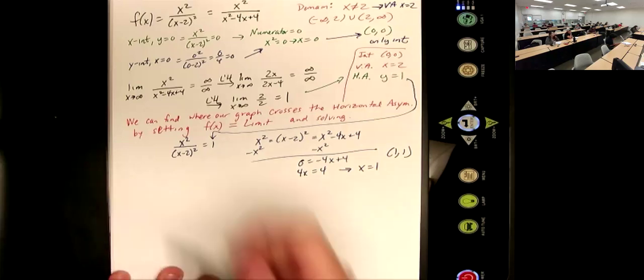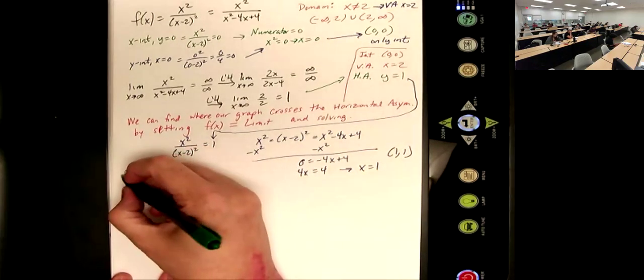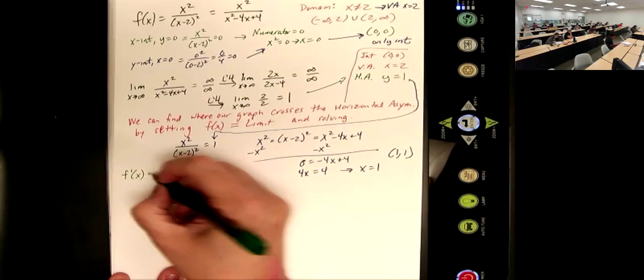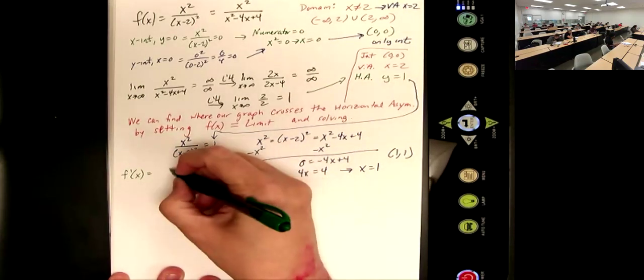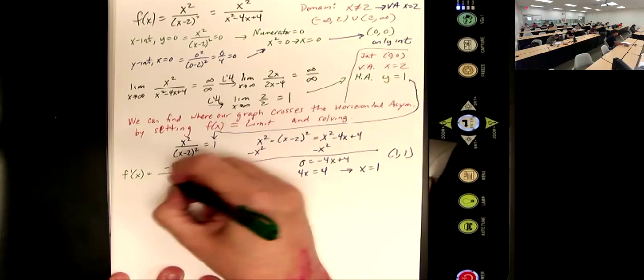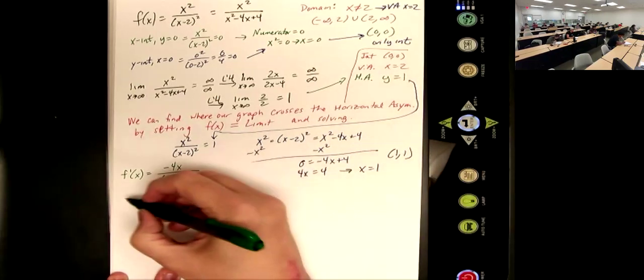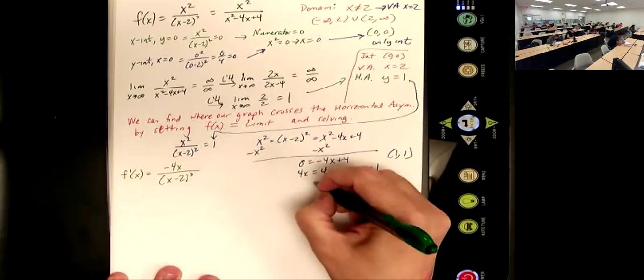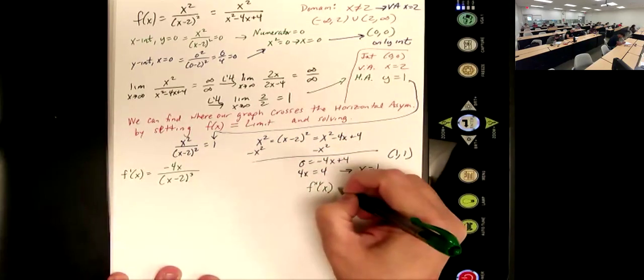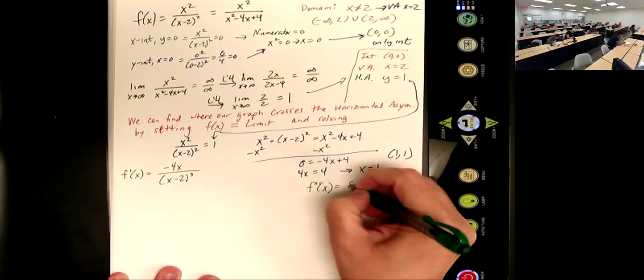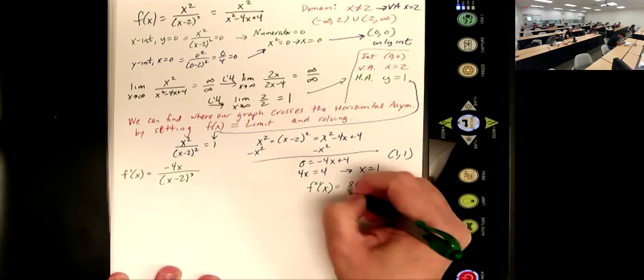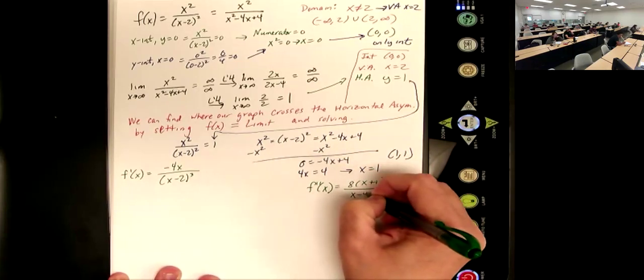Let's speed up the derivatives a little bit, that's a quotient rule, I'm just gonna give them to you. F prime of x is negative 4x over x minus 2 cubed. And f double prime of x is gonna be 8 times x plus 1 over x minus 2 to the 4th.